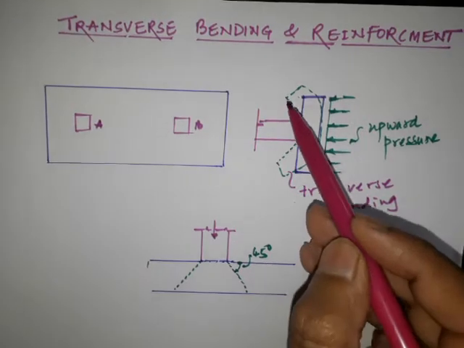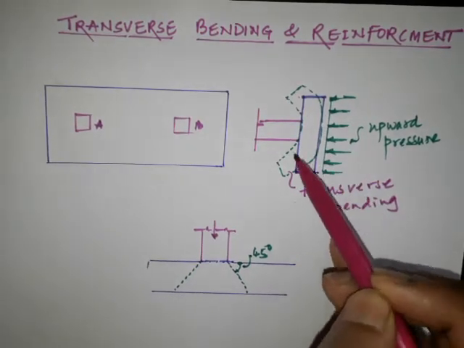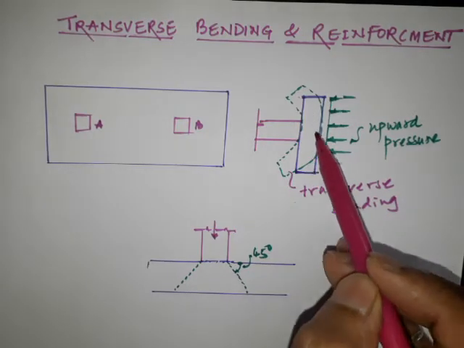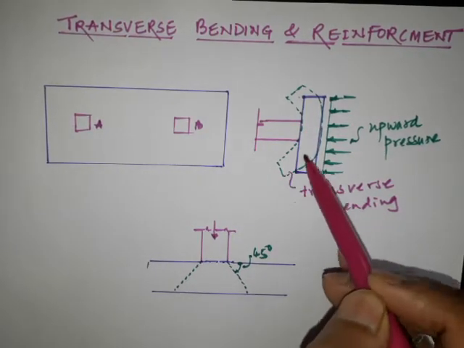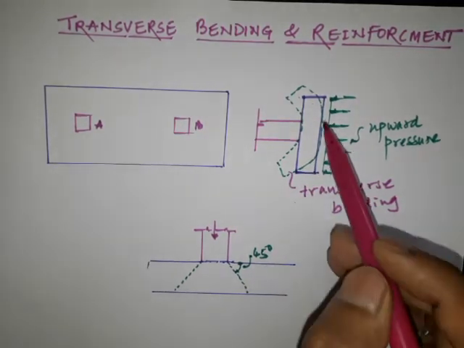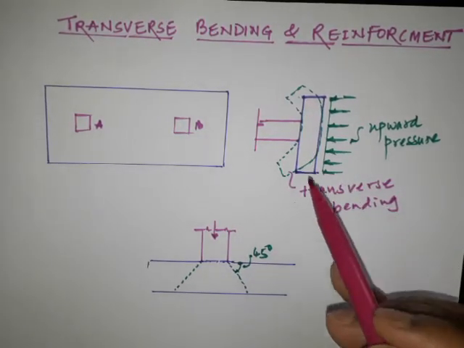How the transverse bending takes place? You can see here the bending shape, because of the pressure, it is a sagging. So you can see here this part. This is how the bending takes place in the footing, and for that we have to design the reinforcement.